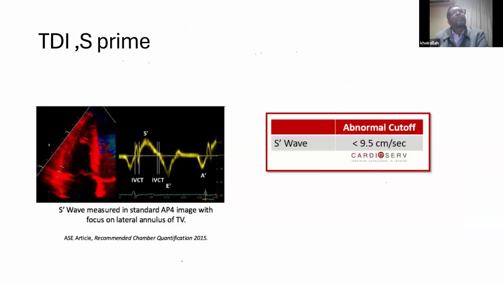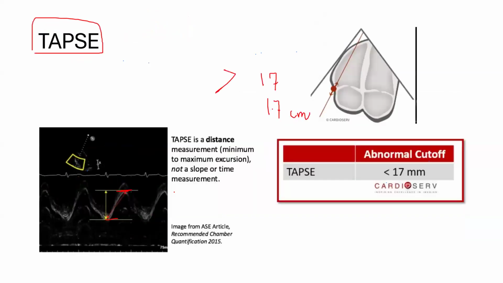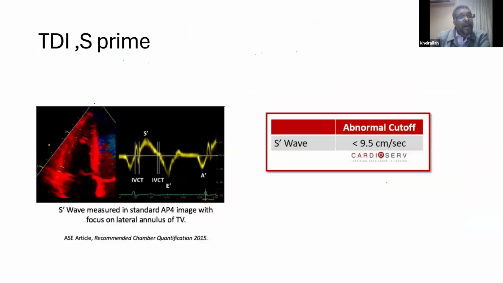What does this have to do with RV systolic function? Because we can assess TDI of the same point we assess with TAPSE. You know TAPSE? Here. TAPSE, we take this point, right? Lateral to the tricuspid valve. Now for the TDI of the RV, we also take the same point, but instead of M mode, we choose TDI PW, and here is what we get.